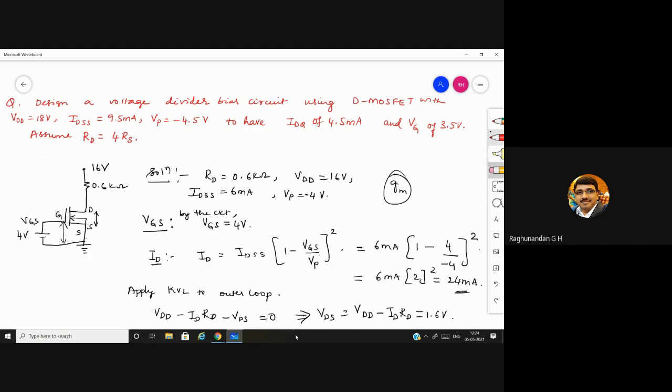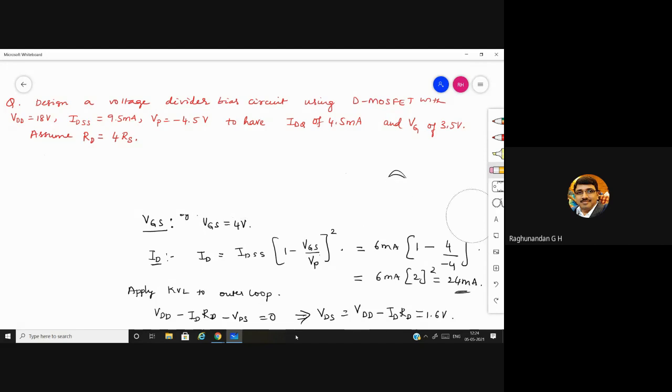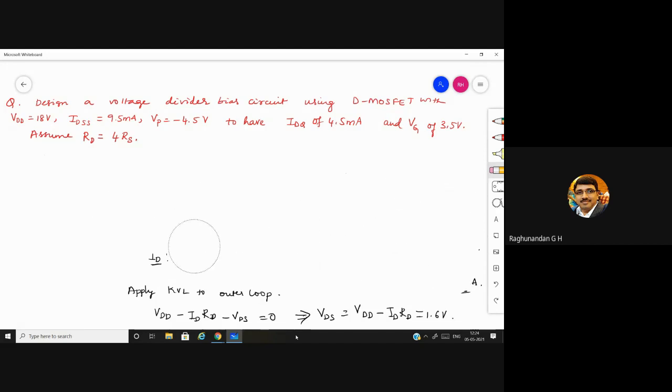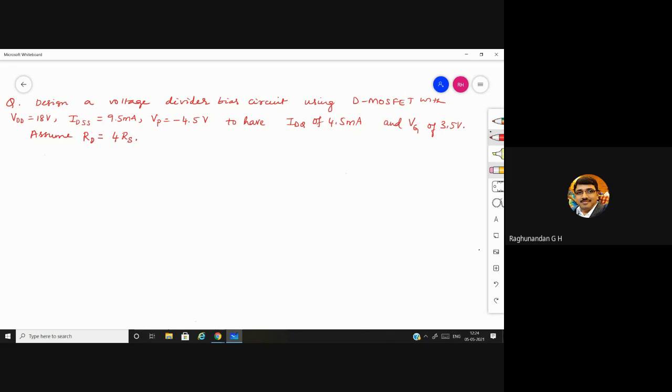So here they are not given the circuit. You have to design, find the values of RD, then you have to write the circuit. One thing, please remember: if they are not given the circuit in the question and they are asking to design, then there will be marks for writing the circuit.